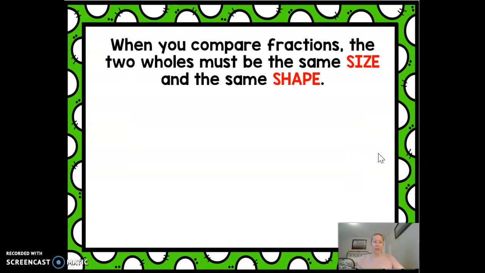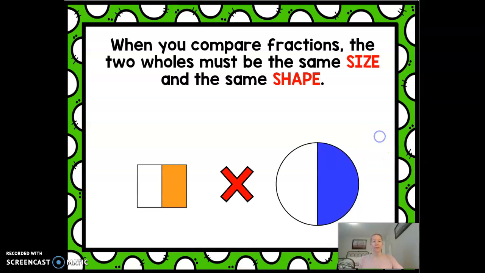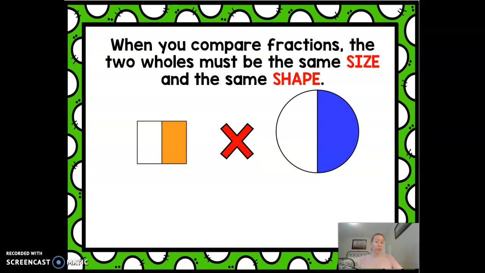When you compare fractions, the two wholes must be the same size and the same shape. So this is very important when you compare fractions. If you look at this picture, are these two pictures the same size and the same shape?